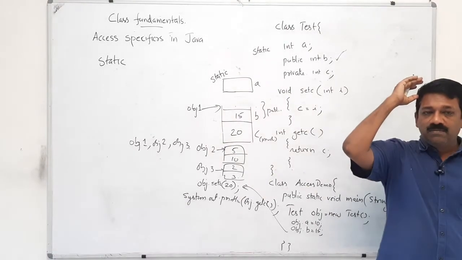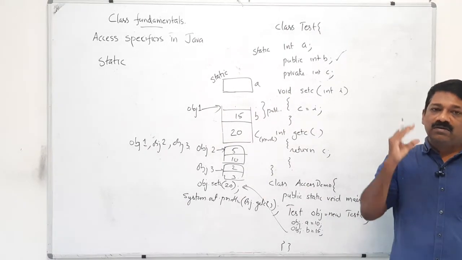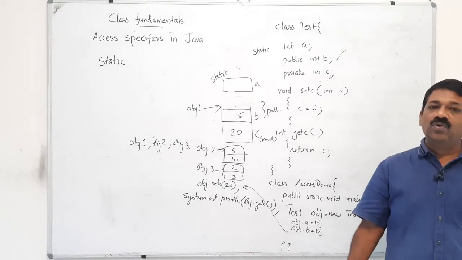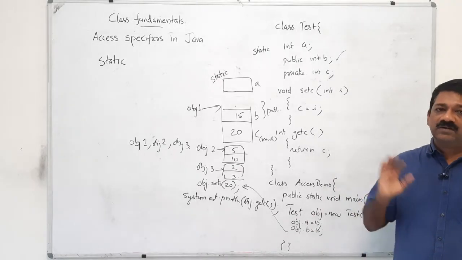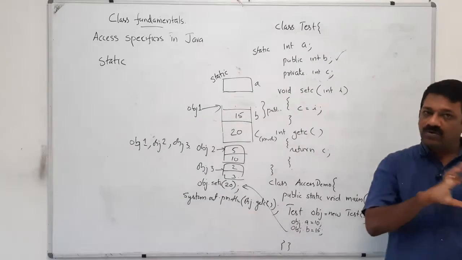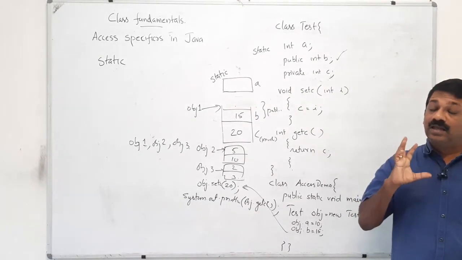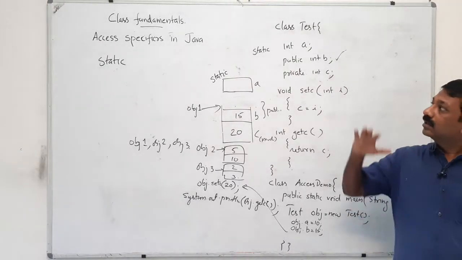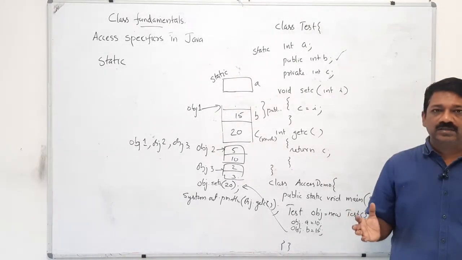That means if we make a variable or a function static, it is common to all the objects created from that class, or it is a class variable. The owner of that static variable is the class itself, not the object.